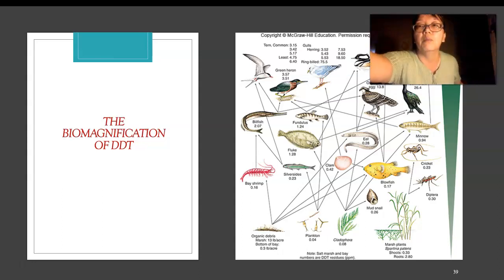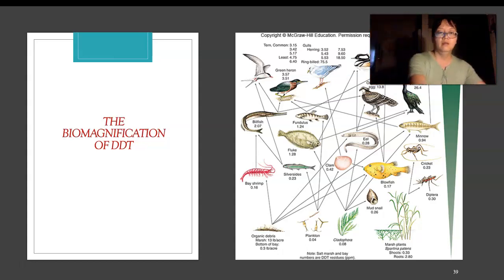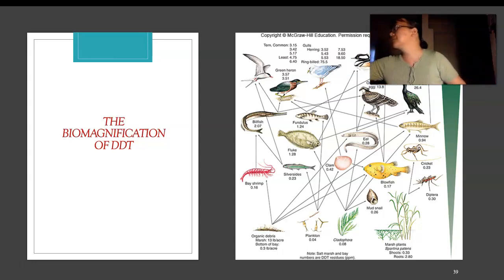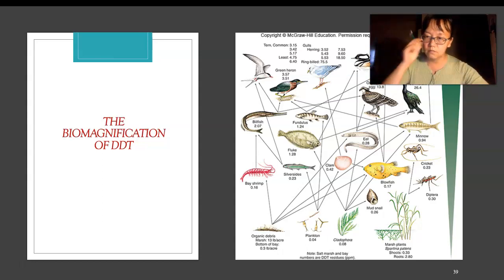I'm going to use a piece of paper here to see how many fold increase in the birds. 75.5 divided by 0.4, about 200-fold, 188.